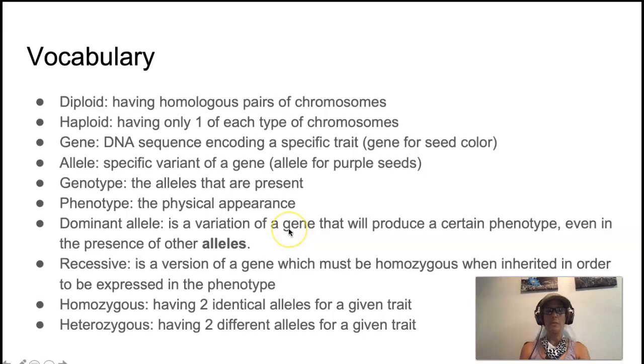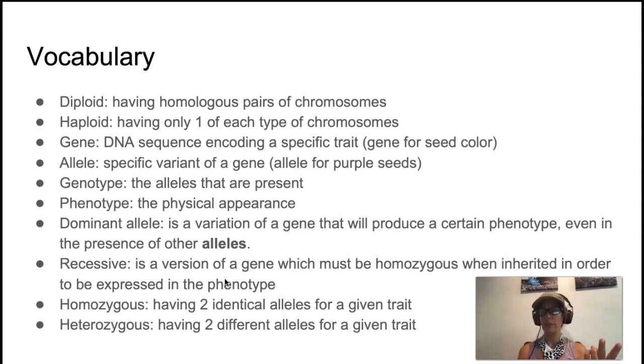So you can have one dominant allele and one recessive allele, and the physical appearance, the phenotype, will still be the dominant result.